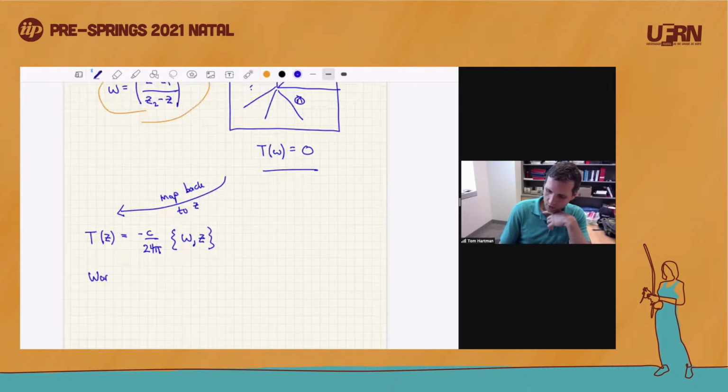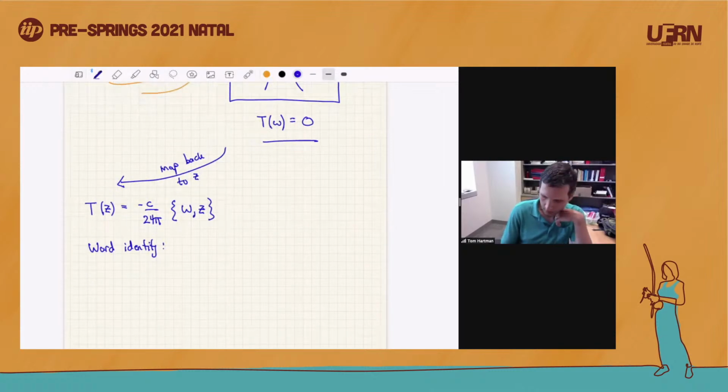Next, we're going to use the Ward identity in the form d/dz1 of log Zn is proportional, I won't try to get the factors right, to the residue at z near z1 of T of z.